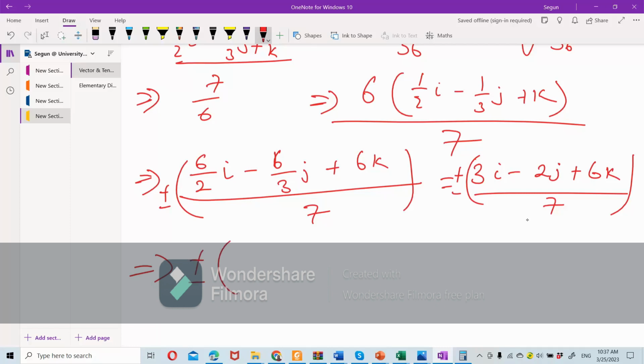So you have a plus or minus in brackets. 3/7 I minus 2/7 J plus 6/7 K. So that is the final answer. Remember where we started from? We are asked to determine a unit vector perpendicular. A unit vector perpendicular. Don't forget that.